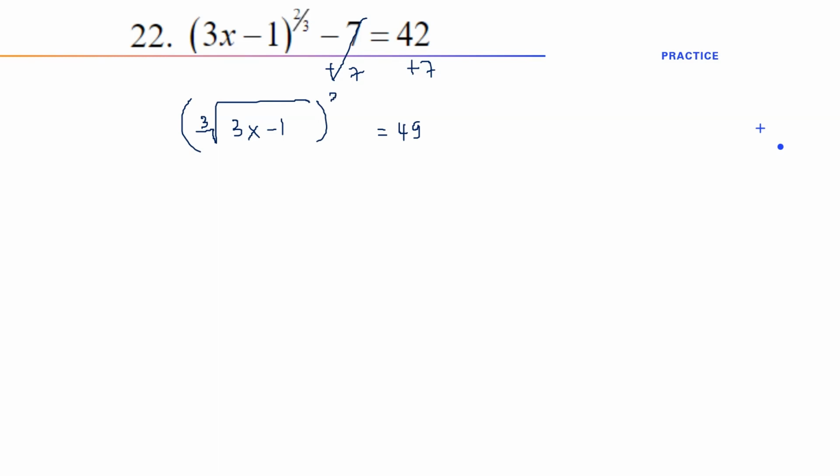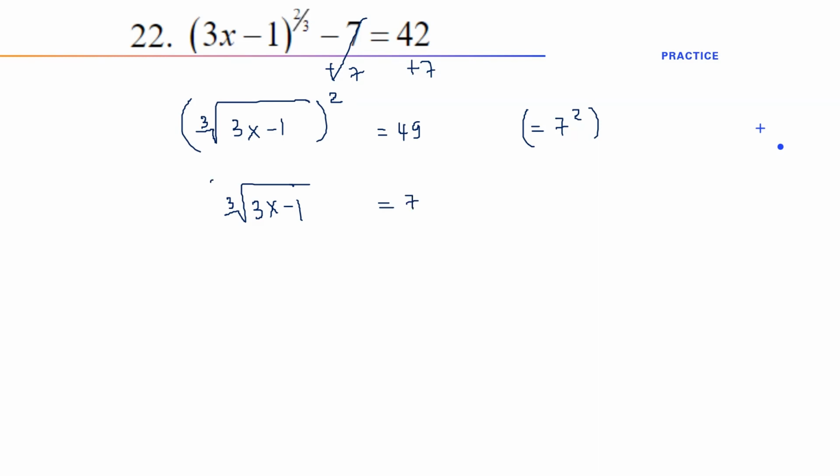I know that I have the square outside because 49 is 7 squared. This one is the same as 7 squared. So now I take off the square, so I have cube root of 3x minus 1 that equals 7.